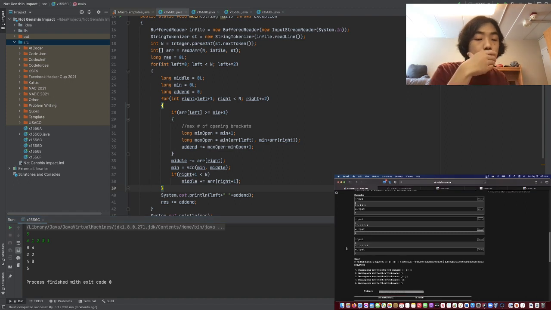Okay, 0, 4. So subsequence from the 3rd to the 10th character. From the 4th to the 10th, from the 4th to the 9th. Okay, so there should be 3 in here. It's only 3.